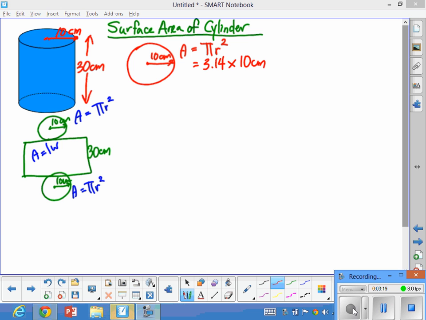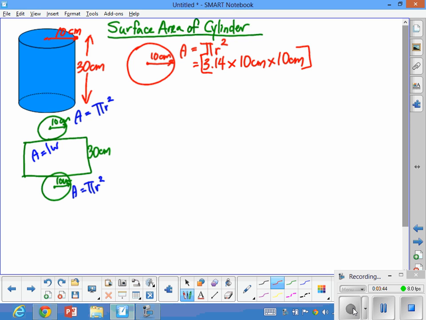Now that radius is squared, that's repeated multiplication, which means that it is multiplied by itself. So 10 centimeters times 10 centimeters again. Now, that would be the area for just one face. We know that we have two faces, a top and a bottom. So we're going to put brackets around that because that's only for one face, and once we calculate that area, we're going to multiply it by 2. Two faces, our top and our bottom.